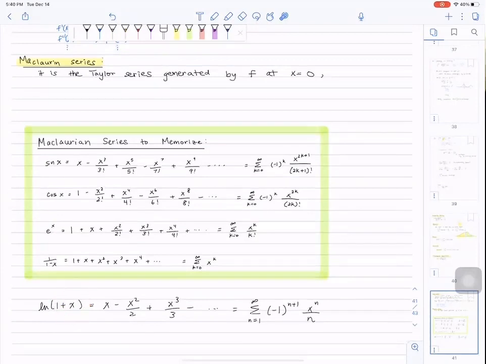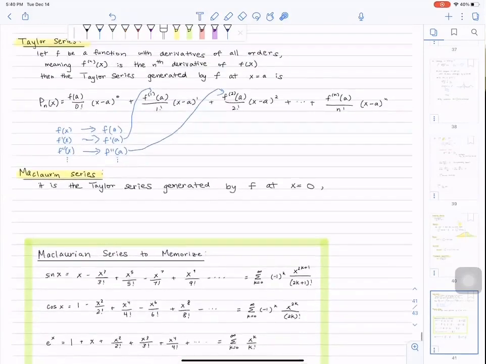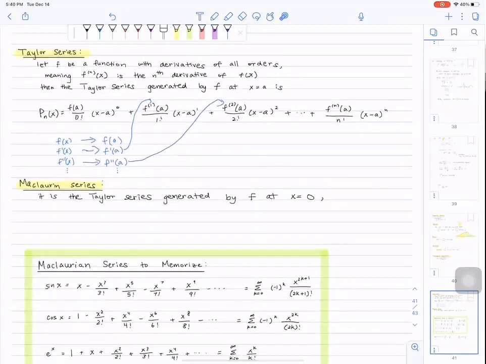These are the main ones I would recommend writing on your cheat sheet in case Maclaurin polynomials come up. If you don't memorize them, it's okay, as long as you know how to derive them, which is the same process I wrote up here. It'll just take some extra time.